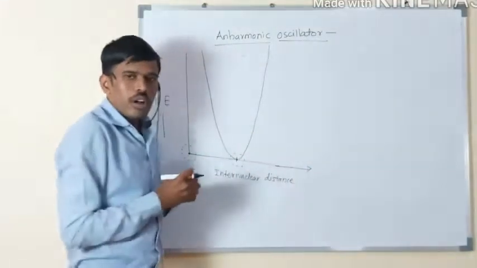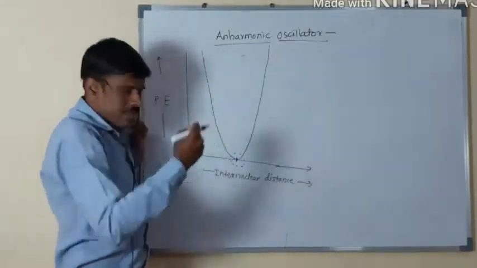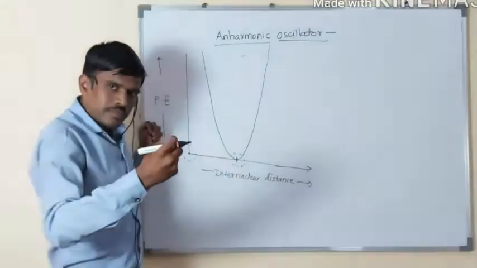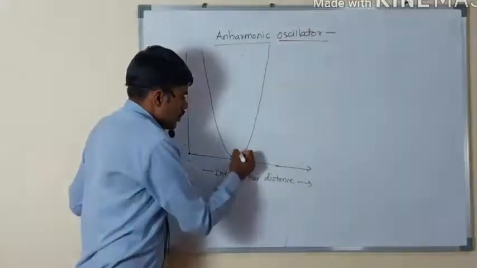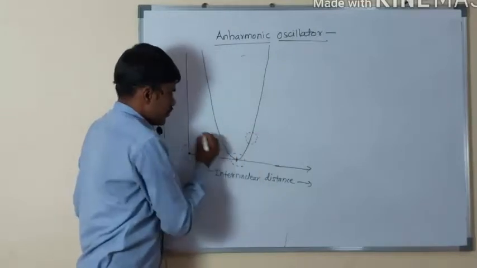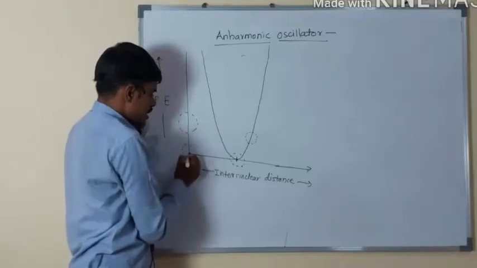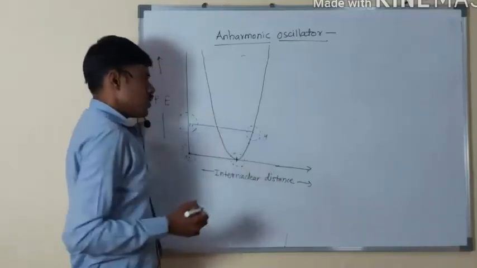After stretching of bond, what happens? The bond length increases. Due to increasing bond length, potential energy increases. So this is the next position of Cl. This is Cl and hydrogen.